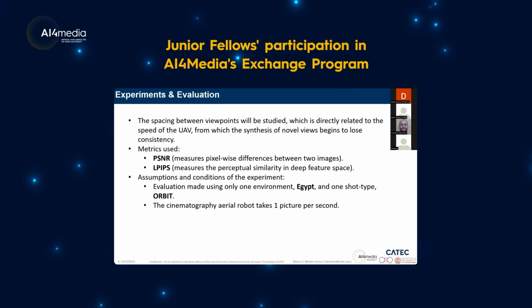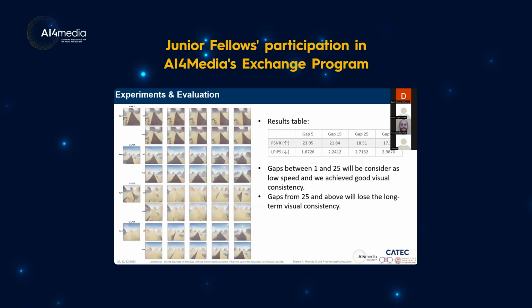The other assumption is that the aerial cinematography robot, basically the drone, takes one picture per second, so that's why one gap represents one picture. And these are the results, or the evaluation, sorry.